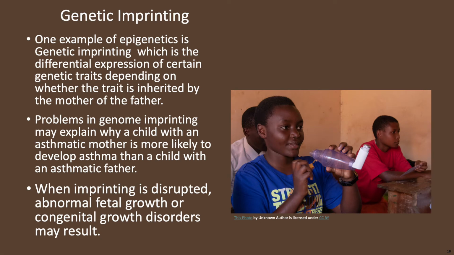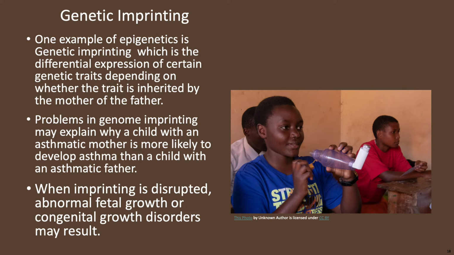Genetic imprinting is also important for you to understand. One example of epigenetics is genetic imprinting, which is the differential expression of certain genetic traits depending on whether the trait is inherited from the mother or the father.